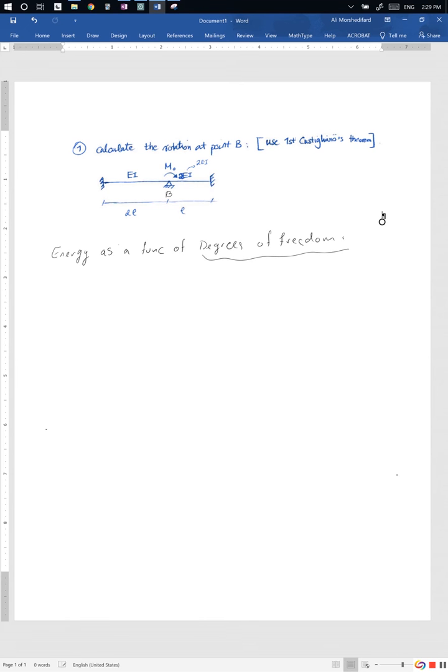By degrees of freedom, I mean the minimum number of displacement or rotation components that specify completely the deformed shape of the structure.